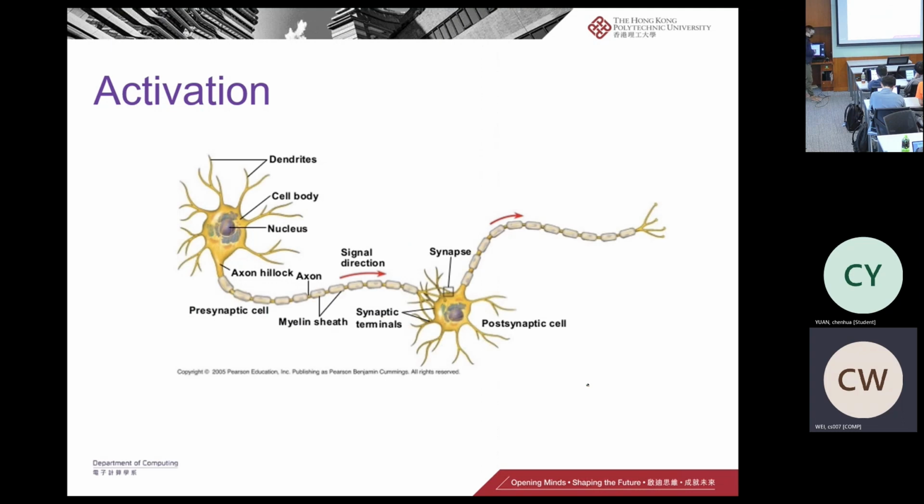The other concept is called activation, because in a real neuron, when a neuron receives information at the soma, it will not just sum it together and send it to the next. You can do that as well. But actually, in a real neuron, it will slightly process that information and send it out.